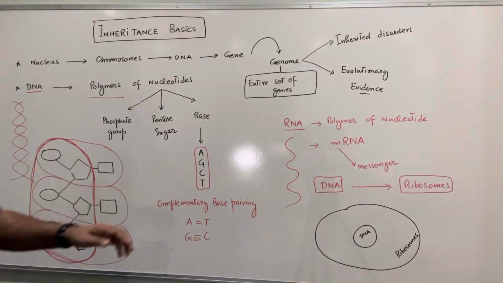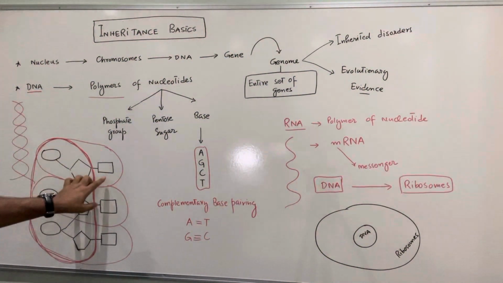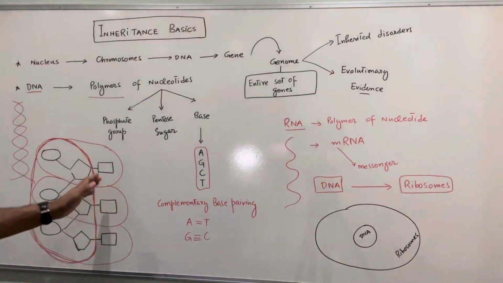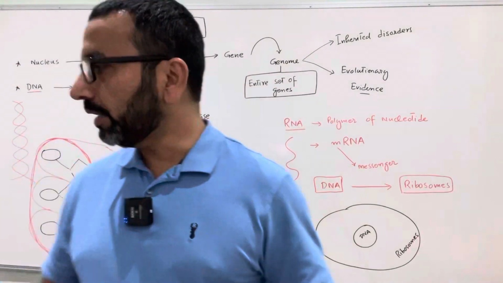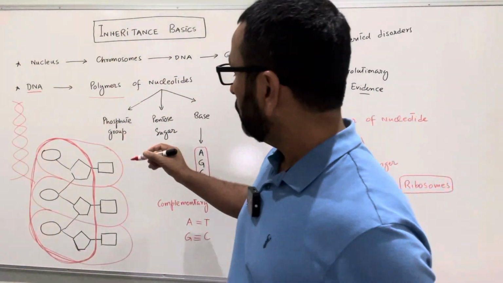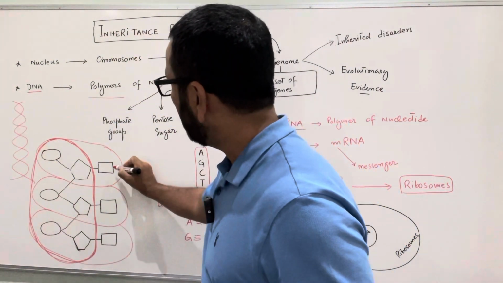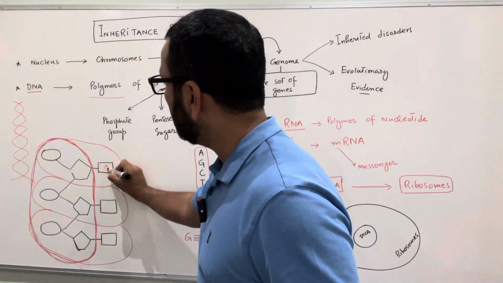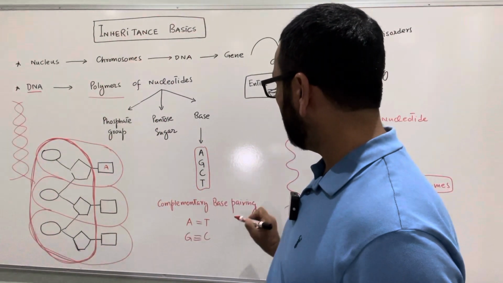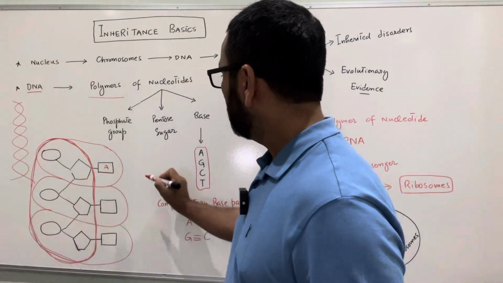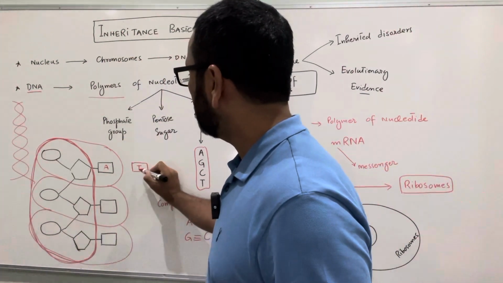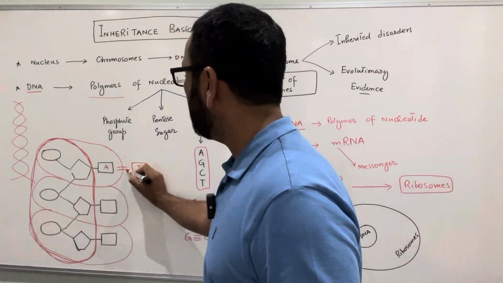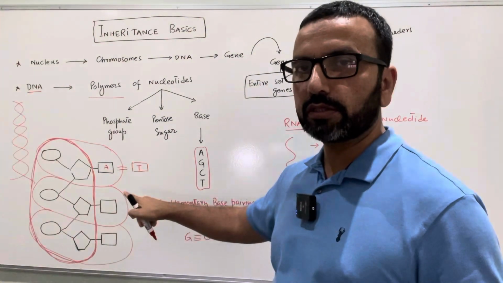One nucleotide will have either adenine, guanine, cytosine, or thymine. On the other side, if this one is an adenine, that will always make a pair with thymine on the other side, making two hydrogen bonds in between.